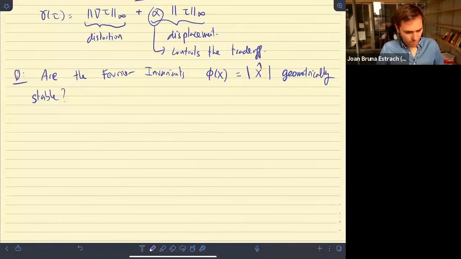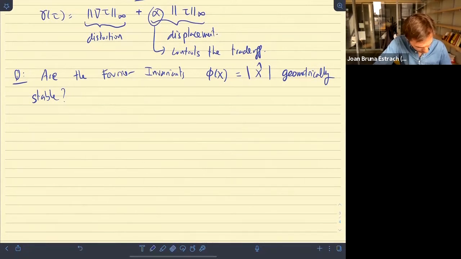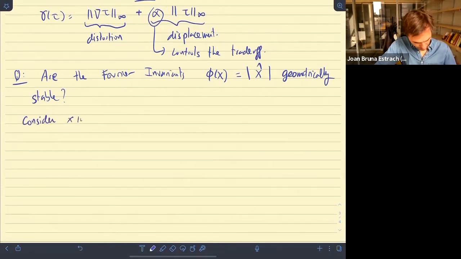Okay, so for this, we can maybe try to construct a counterexample that will hopefully illustrate that this choice was maybe not the best one. So for this, let me just introduce this image. Let's consider, and we can do it in 1D, right?